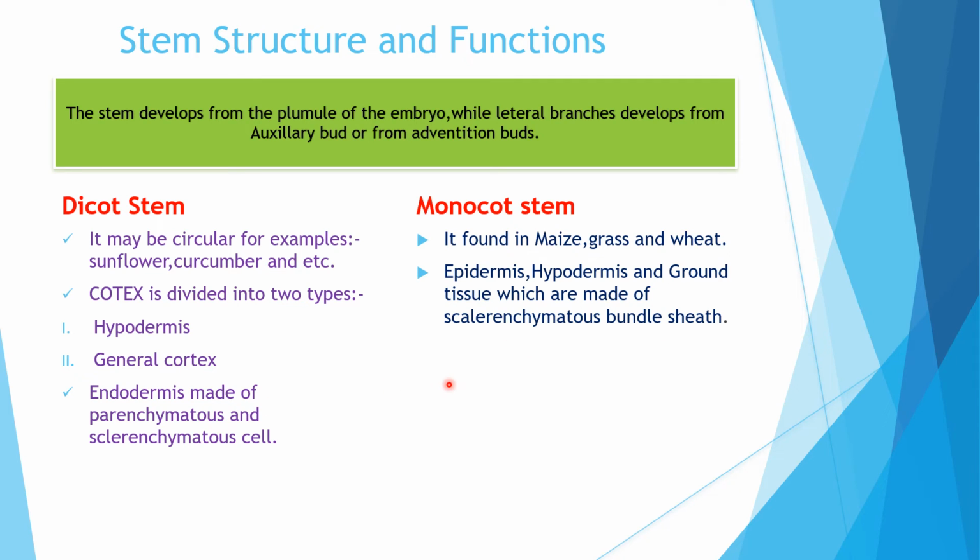There is one difference between dicot stem and monocot stem: in the dicot stem parenchymal cells are present, while in the monocot stem there is no presence of parenchymal cells.